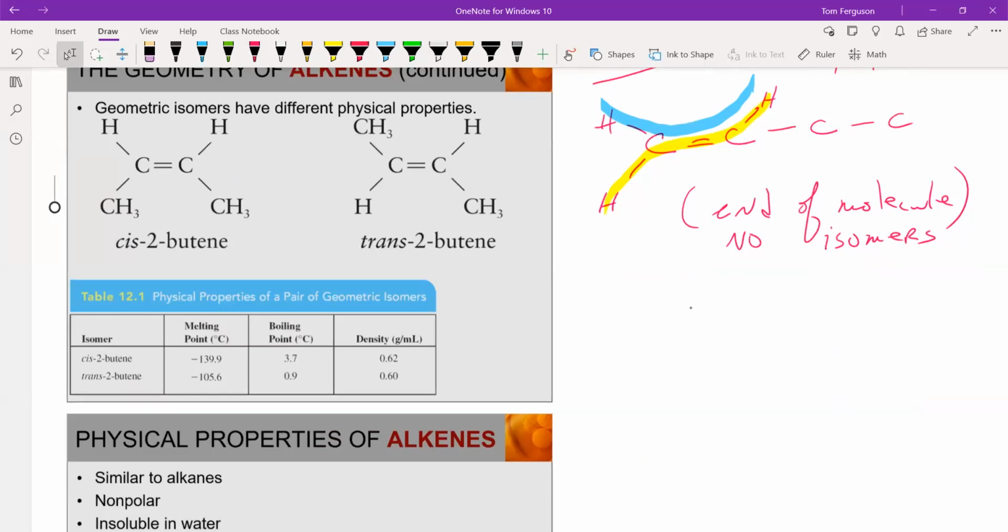Now, like cis and trans fats, they behave biologically different in your body. And the reason for that is they're chemically the same, but their physical properties are different. Enzyme active sites are very, very picky about the way molecules in the active site are arranged.